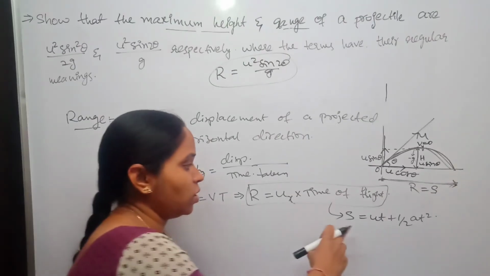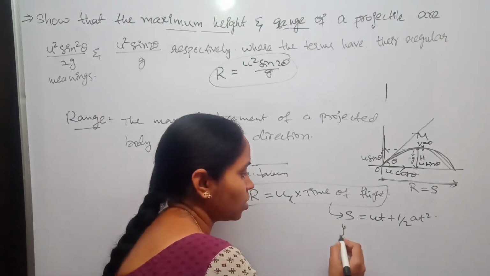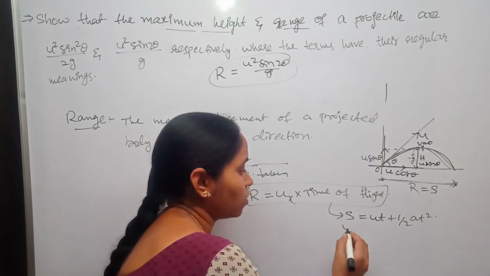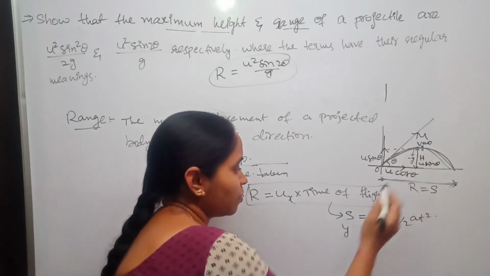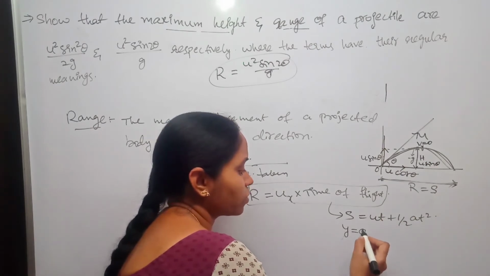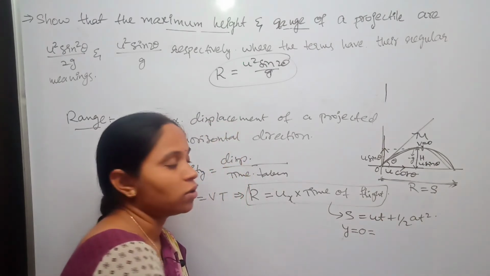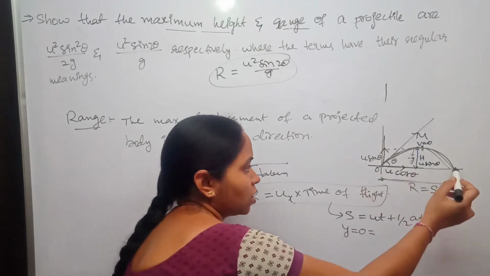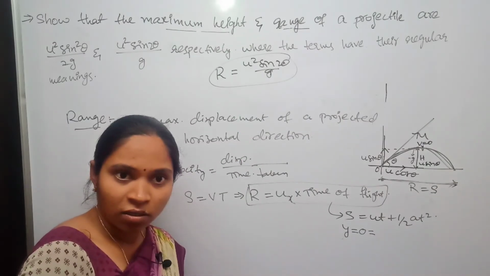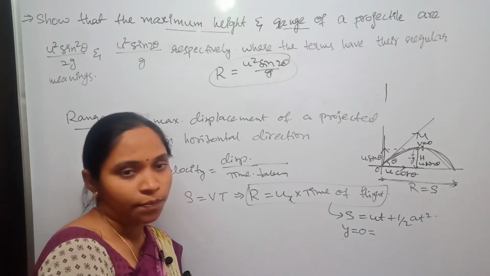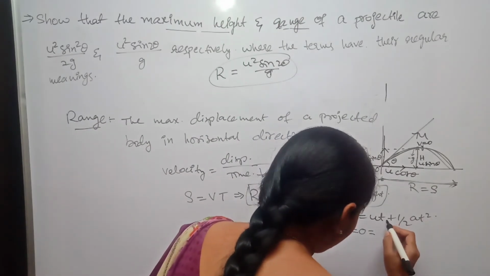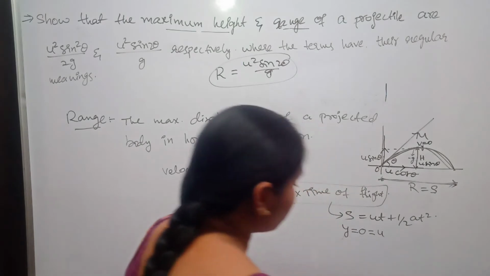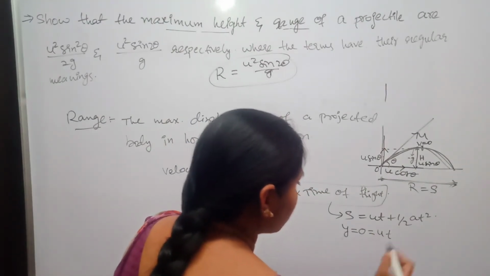Here s is the displacement along vertical direction, and the displacement along vertical direction is equal to 0. Why? Because here we are considering the horizontal motion only. Therefore this will be equal to u into time taken t.